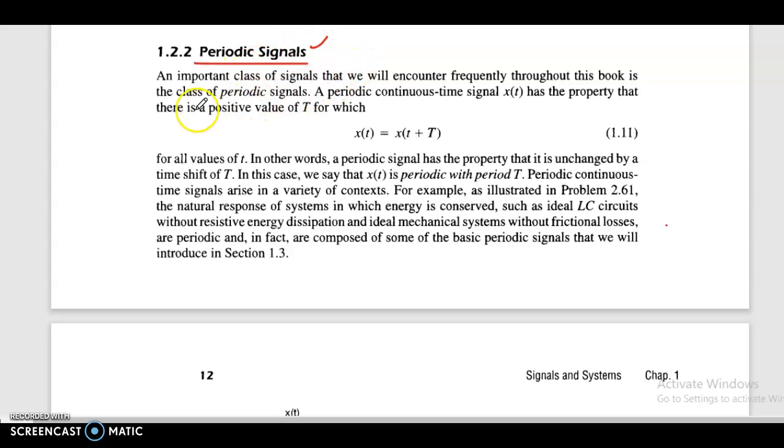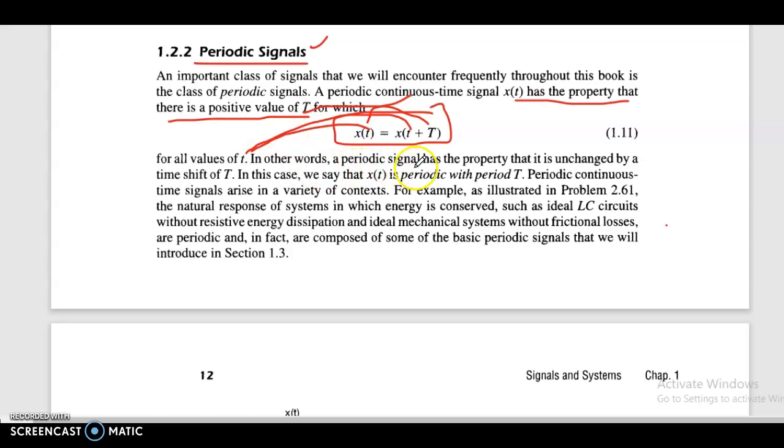Periodic signals. A periodic continuous time signal x of t has the property that there is a positive value of T for which x of t equals x of t plus T for all values of t.